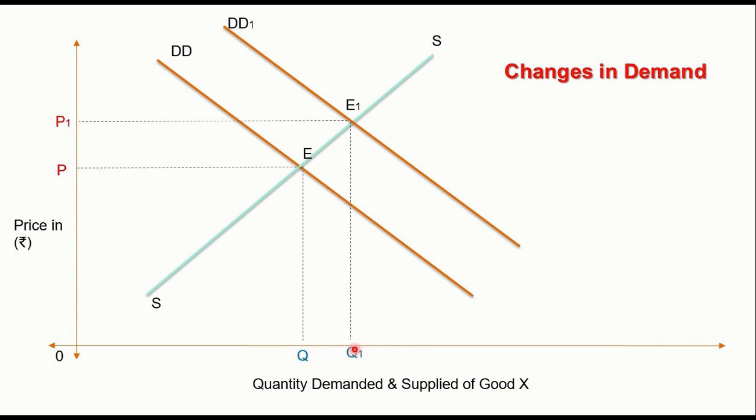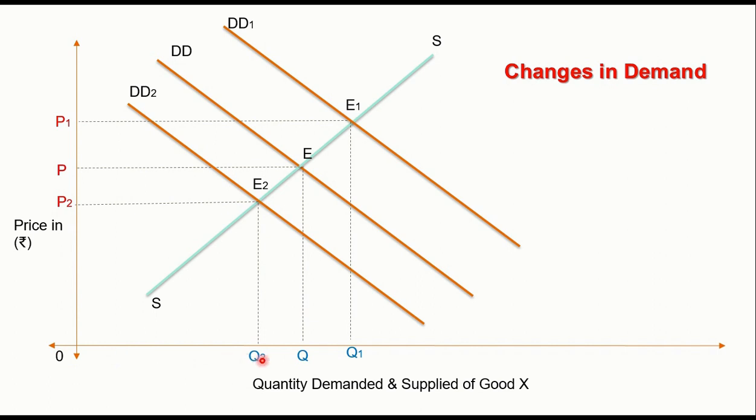When demand decreases, the demand curve shifts downward or leftward and becomes D2. The new demand curve intersects the original supply curve at a point E2, where the market equilibrium takes place, since at this point quantity demanded is equal to quantity supplied. The change in demand changes the equilibrium price from OP to OP2 and quantity from OQ to OQ2.